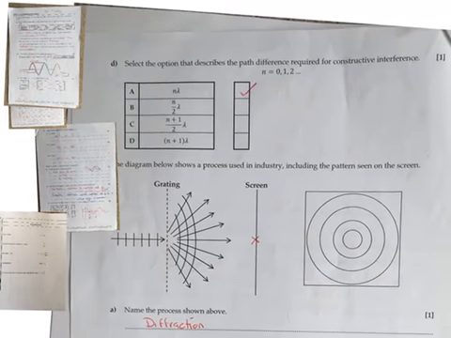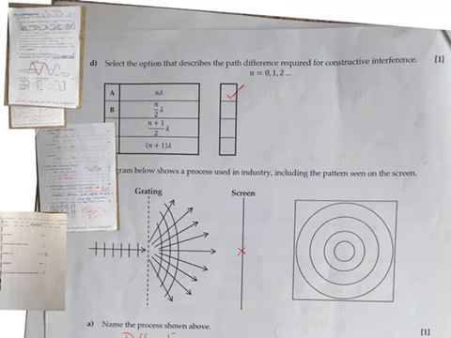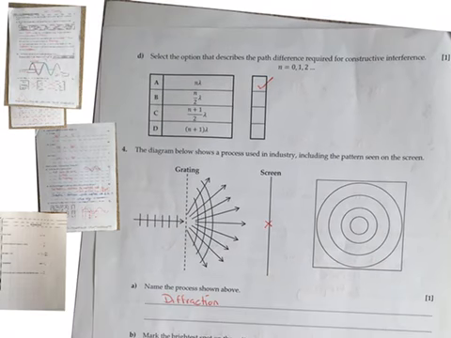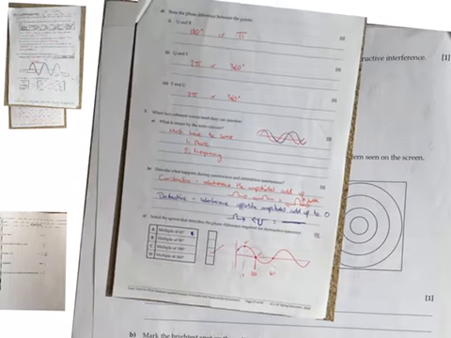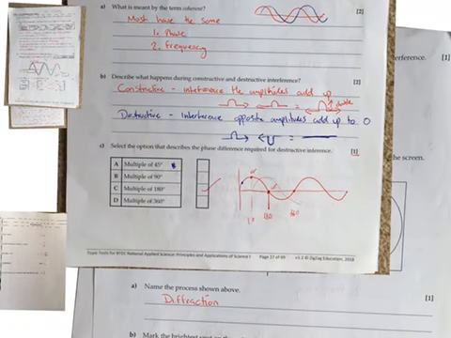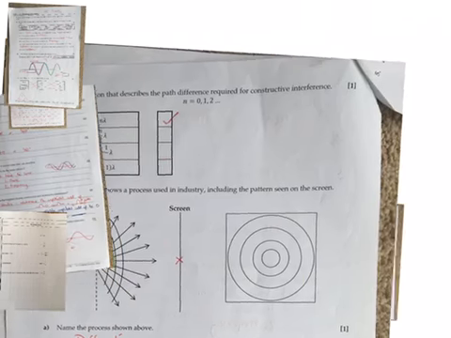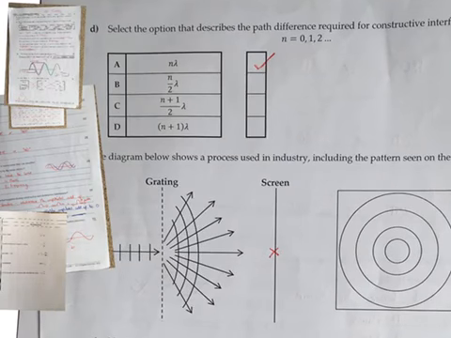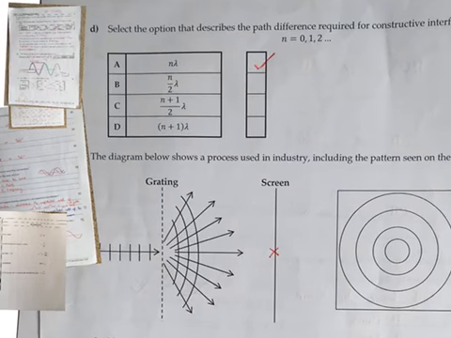This more relates to diffraction. I doubt a question like this will come up. But select the option that best describes the path difference. So if I had another wave coming in, going in the same direction, which is the best path difference for a constructive wave? It's going to be where n equals 0, 1 or 2, n times lambda.